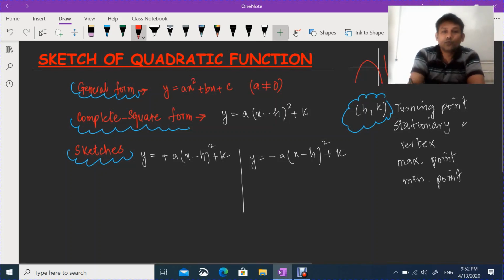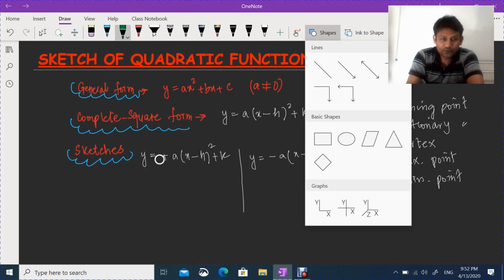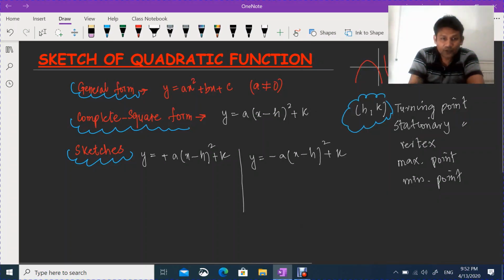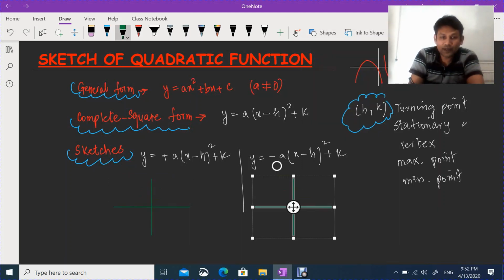When the value of a is positive, what is the possibility? And when it is negative, what are the possibilities? That's very simple. I have made it so that when you are positive you will be happy, and this is the happy face.